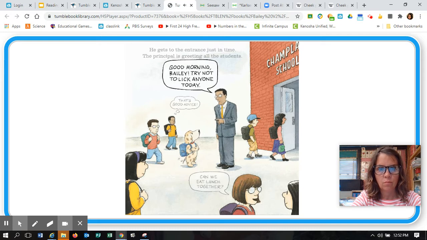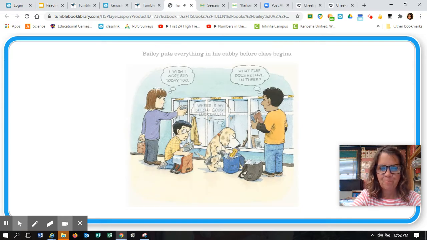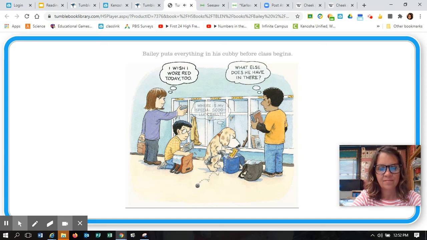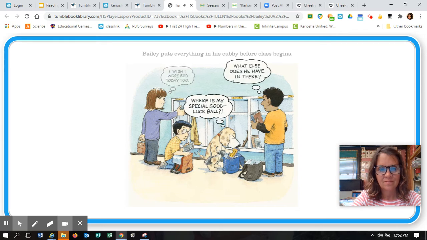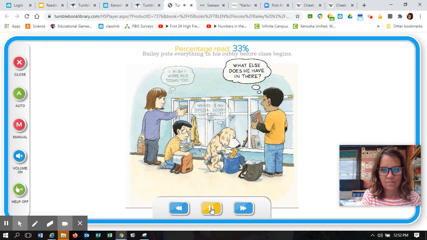Good morning, Bailey. Try not to lick anyone today. That's good advice. Can we eat lunch together? Bailey puts everything in his cubby before class begins. I wish I wore red today too. Where's my special good luck ball?